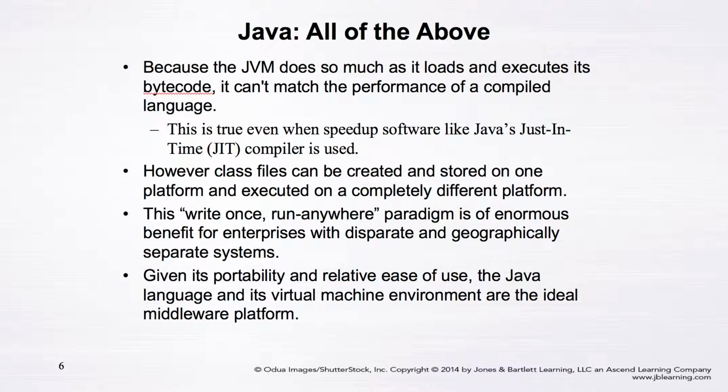That's an enormous benefit for an enterprise that has disparate and geographically separate systems, where we can have the code in one place, but the user may execute the program in a different place and on a different system. So given its portability and relative ease of use, the Java language and its virtual machine environment are an ideal middleware platform.